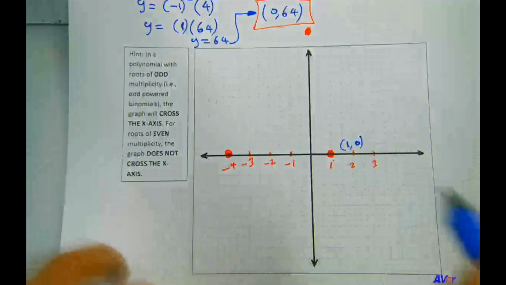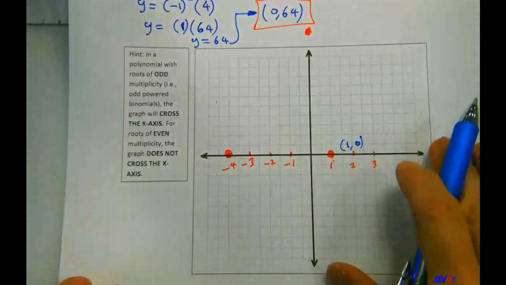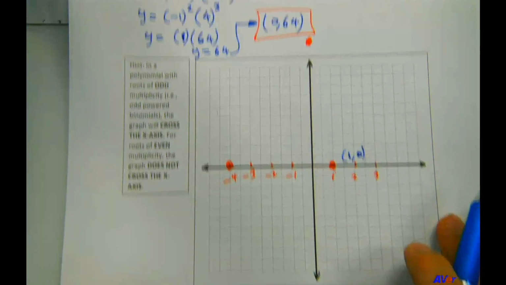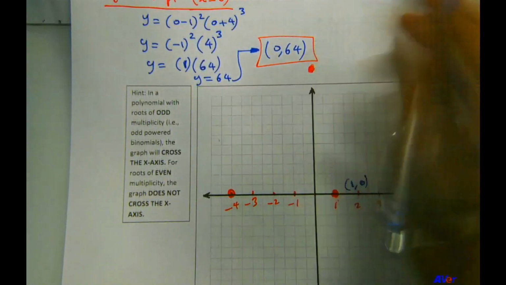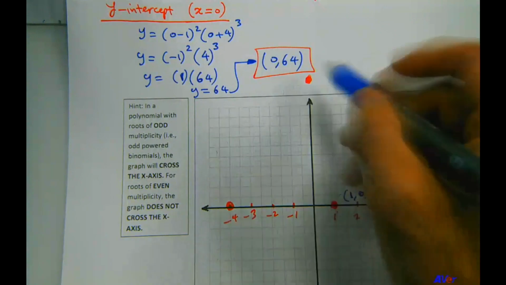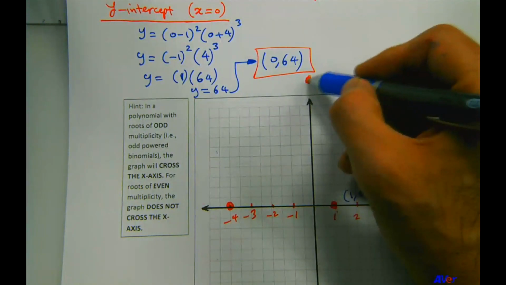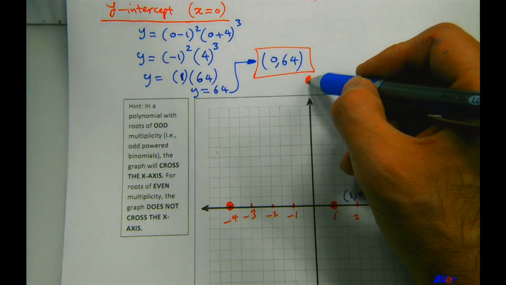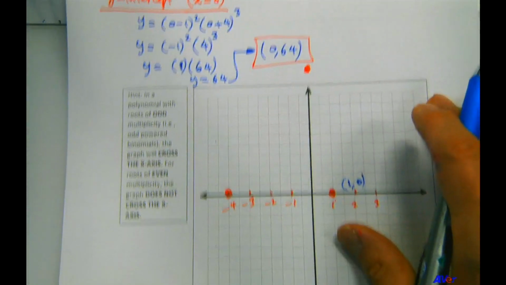Okay? So, we may not need the test point. We have the y-intercept, so we're not going to need the test point.